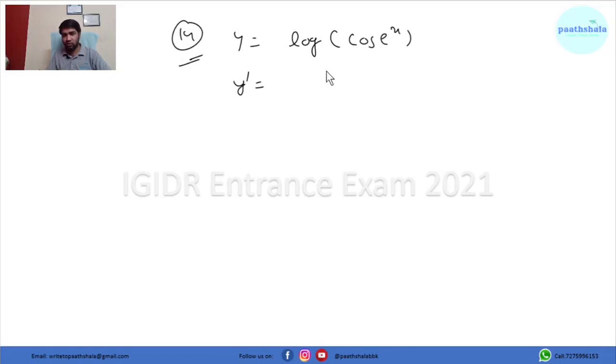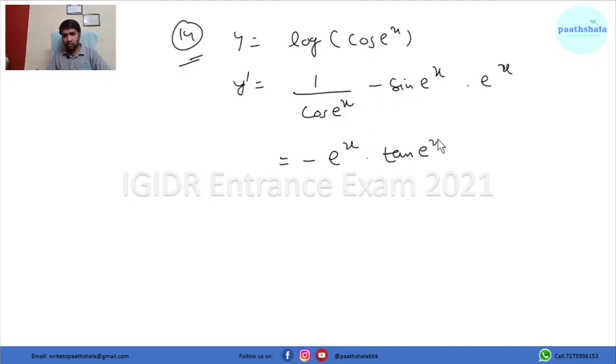Differentiation of log x is 1 upon x, so this will become 1 upon cos e to the power x. Now we'll differentiate cos x. Differentiation of cos x is minus sin e to the power x. Now again we'll differentiate e to the power x, and the differentiation of e to the power x is e to the power x. So the final answer will be minus e to the power x into sin e to the power x upon cos e to the power x, which will become minus e to the power x tan e to the power x.